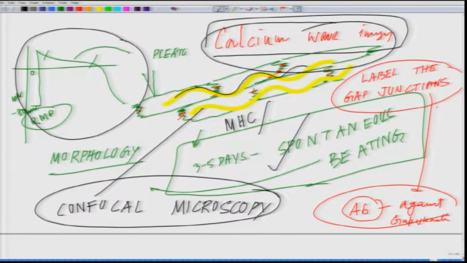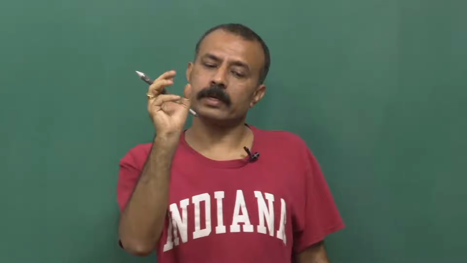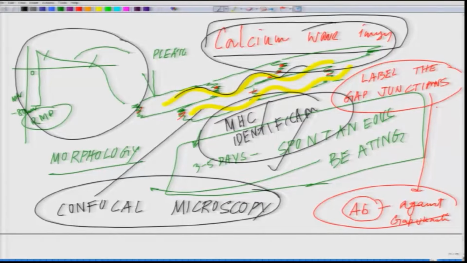Cardiac has a very different kind of myosin heavy chain, unlike skeletal muscle, because these cells continuously contract. So, myosin heavy chain identification: what kind of myosin heavy chain is being formed? Another important part.